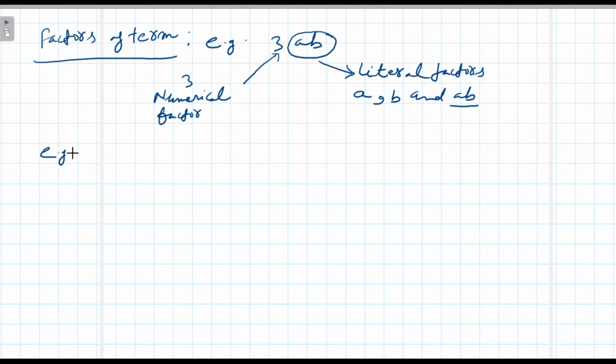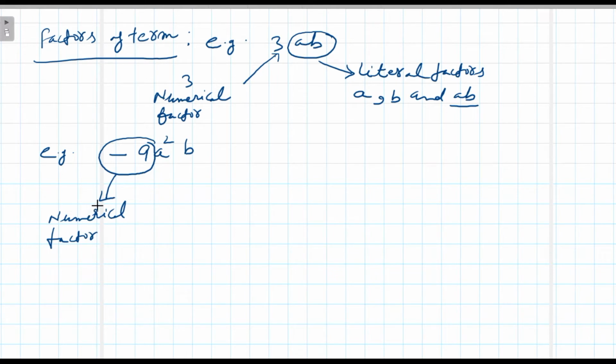So I take another example. If I write minus 9 a square b, what is its numerical factor? Its numerical factor is minus 9.